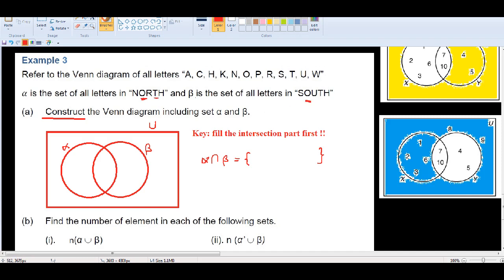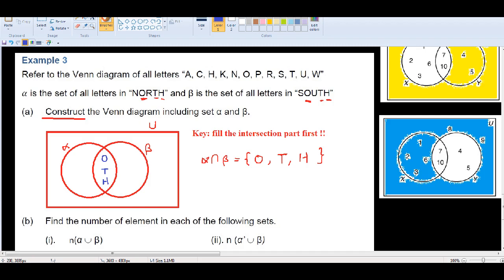T is the second, H the third. So there are 3 letters common to alpha and beta. In the intersection of alpha and beta, you will get O, T, H. All you need to do now is write O, T, H right here.